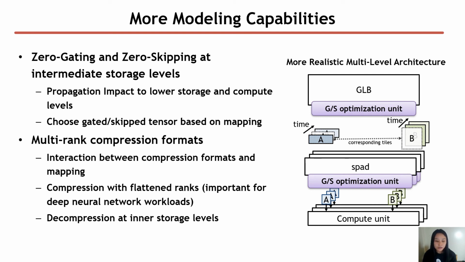So there are a lot of ways to flatten ranks, and it is especially important for workloads with many more dimensions. We could also model decompression at inner storage levels. There are a lot of architectures where only the data at DRAM is compressed for saving DRAM transfers, but on-chip data is not compressed, and that also introduces some modeling complexity as well.